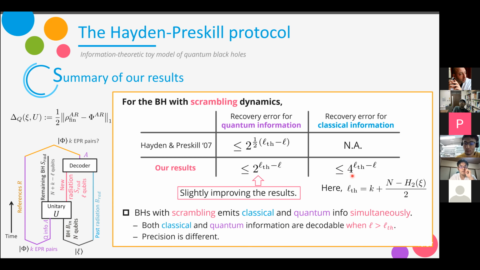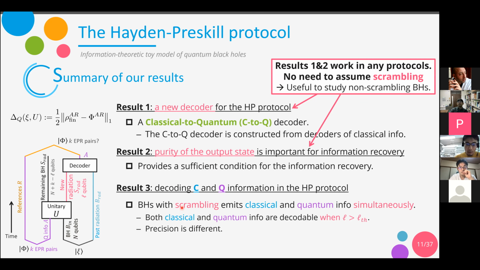So the difference is whether this is 2 or this part is 4. This is the only difference between classical and quantum. Okay, so this is our last result. And only in this part, we assume that the dynamics is scrambling. Okay, so this is the short summary of our result. And now I'm going to explain results 1, 2, and 3, step by step.